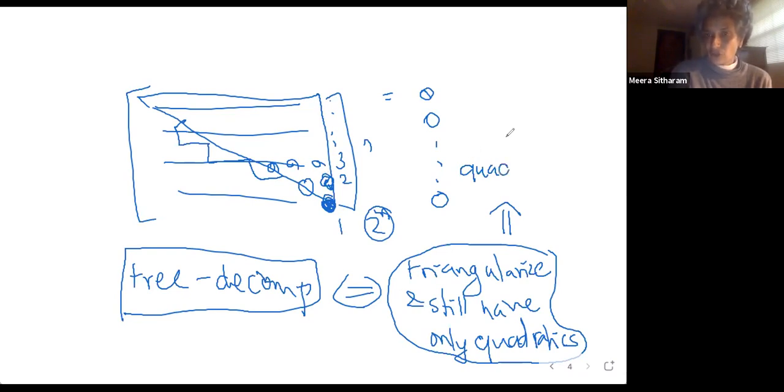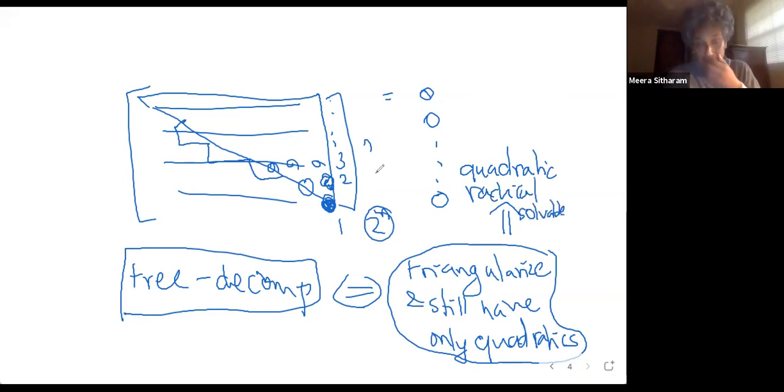So this is also called quadratic radical solvable. Every time you get a square root, assuming it's real, and then you get an extension of the original coefficient field.